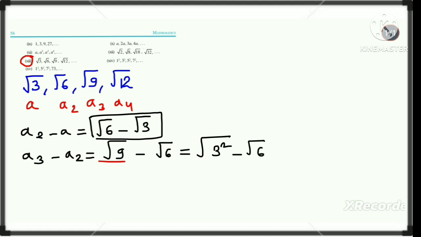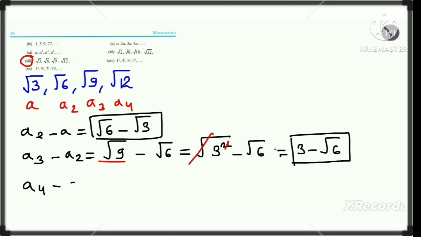Now this square and this sign of root can be cancelled out, and here remains 3 minus root over 6. This is the difference between a3 and a2.